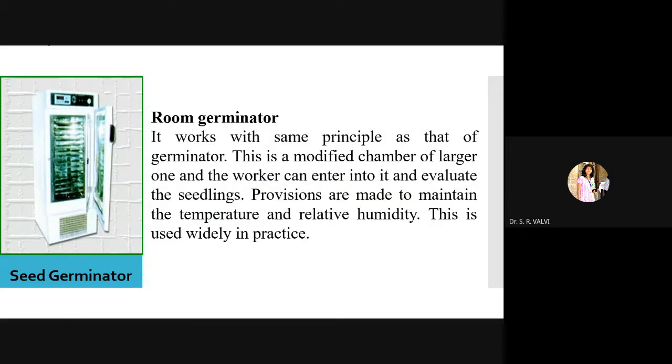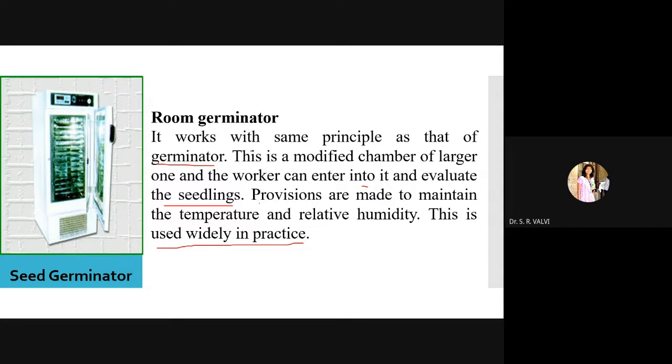Next is the room germinator. It works on the same principle as the germination cabinet. This is a modified, larger chamber, and the worker can enter it and evaluate the seedlings. Provisions are made to maintain the temperature and relative humidity, and this is widely used in practice.